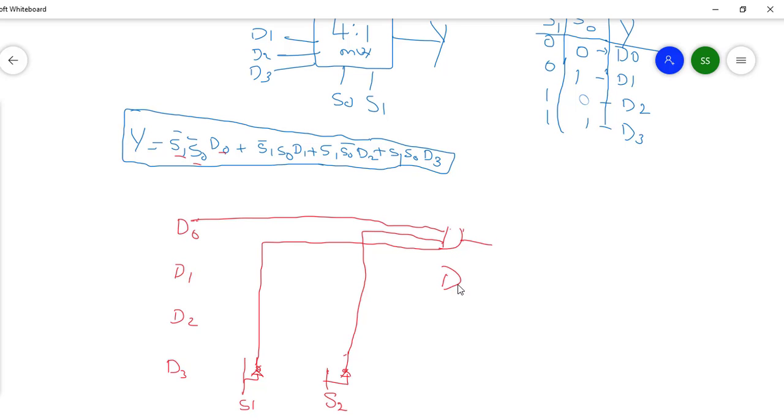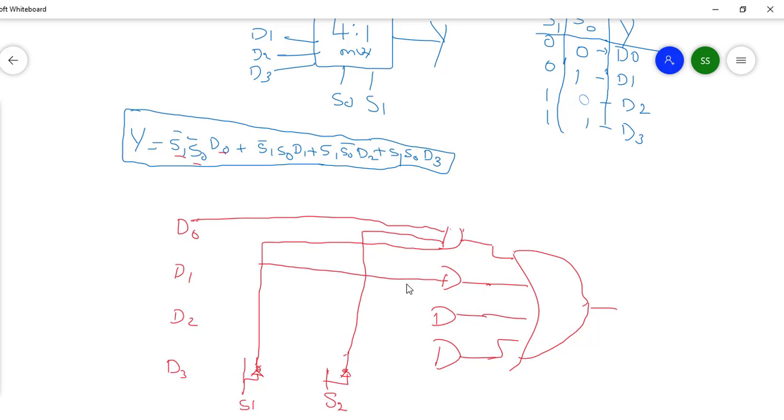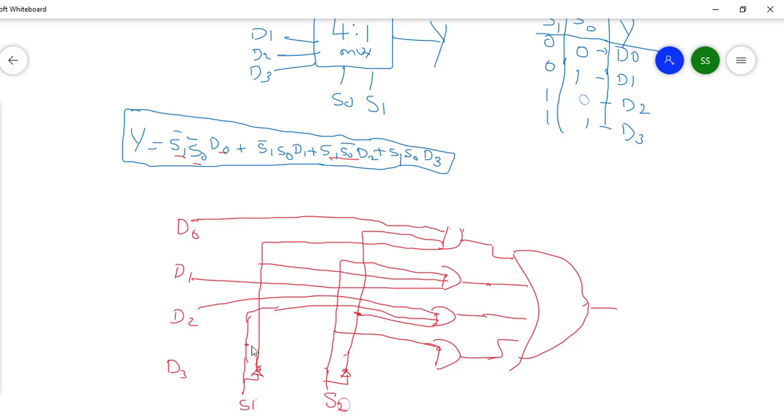In a similar way you can take the second one, the third one and the fourth one. The second one is S1 bar, S0 and D1. Similarly, the third one is S1, S0 bar and D2. And the last one is S0, S1 and D3. This is how the logic diagram looks.